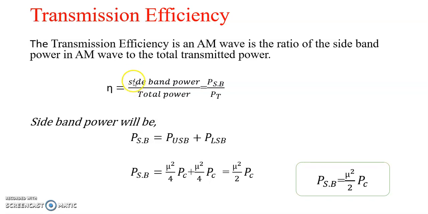Next one is transmission efficiency. Transmission efficiency is nothing but ratio of sideband power to the total power. Why they are considering sideband means our message signal is present in the sidebands alone. Therefore sideband power to the total power. Already we calculated sideband power is mu square by 4 into PC for upper sideband. For lower sideband also it is the same. So adding this we'll get mu square by 2 into PC.